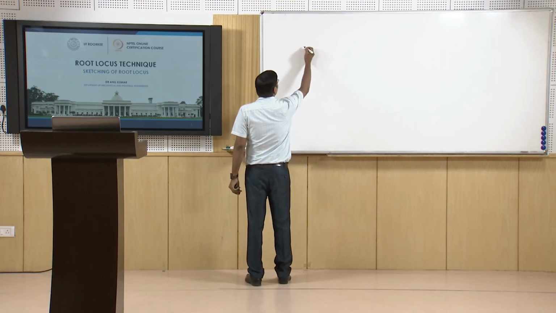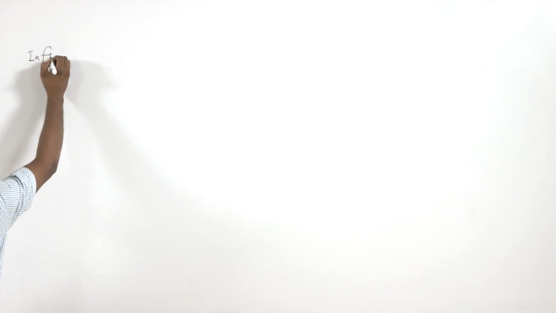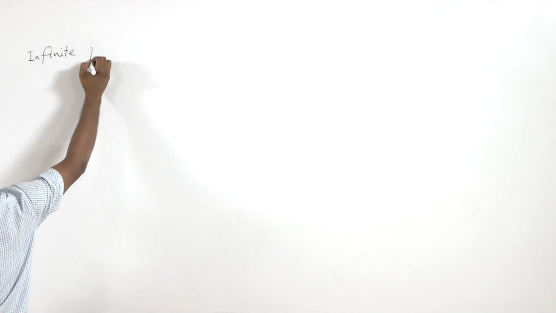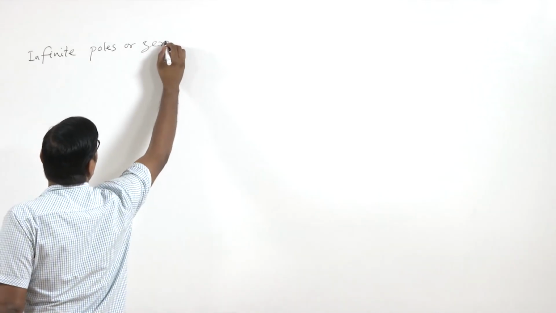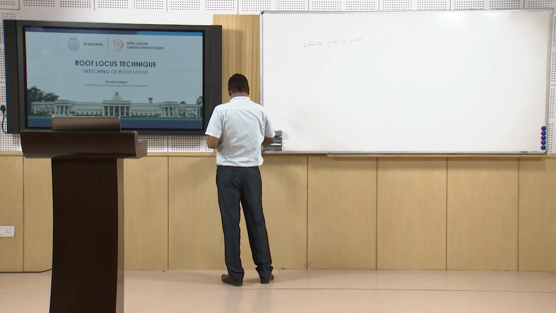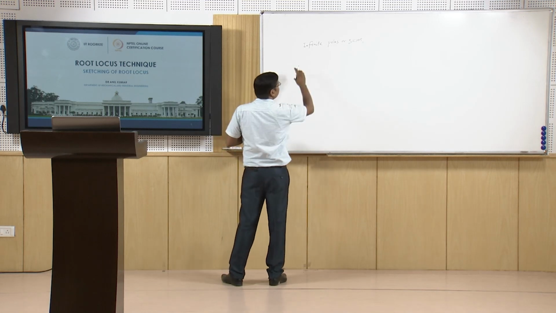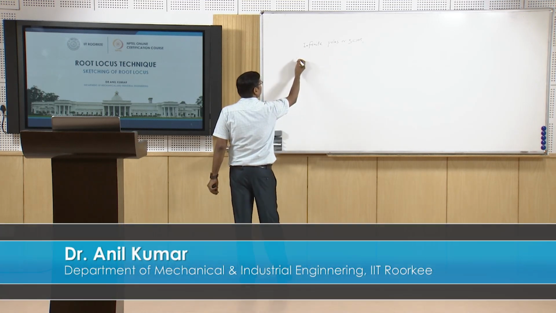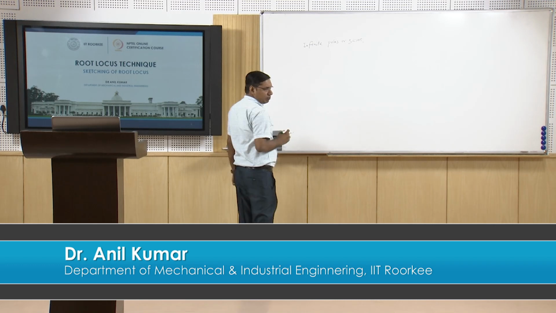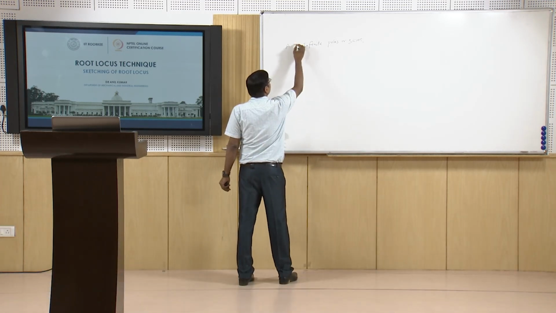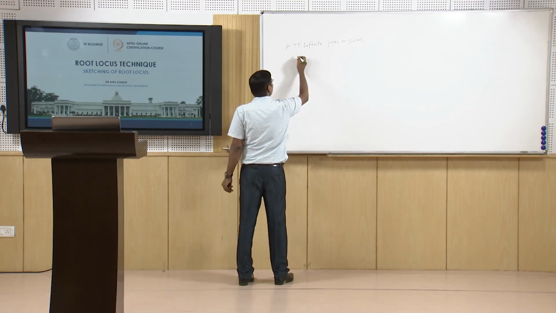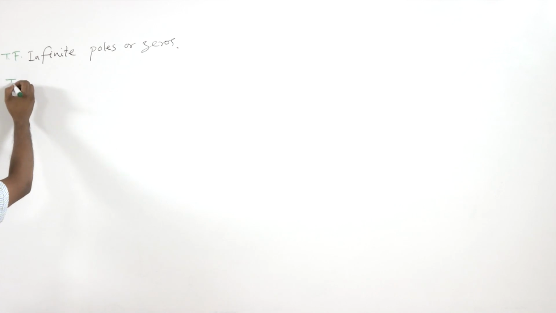Now we should know that there could be infinite poles or zeros possible. A transfer function can have infinite poles or zeros.